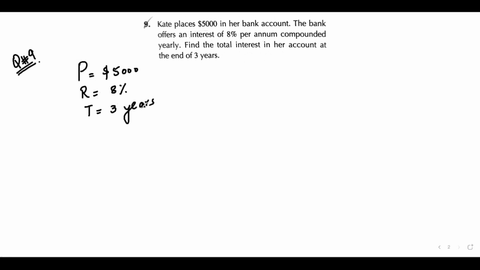So let's start with the formula. First of all, we have to start with the amount. Amount is equal to principal into 1 plus R over 100 raised to power n. Substitute the values: principal is given, 5,000, into 1 plus R, the rate of interest, that is 8 over 100, raised to power n, the number of years, that is 3.